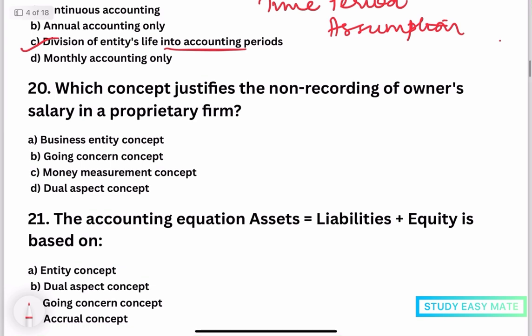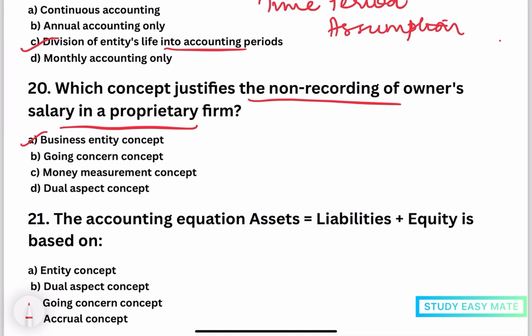Okay, so 20. Which concept justifies the non recording of owner's salary in a proprietary firm? So what would be the answer? It is business entity concept. Please pause the video and try to understand all the four options.